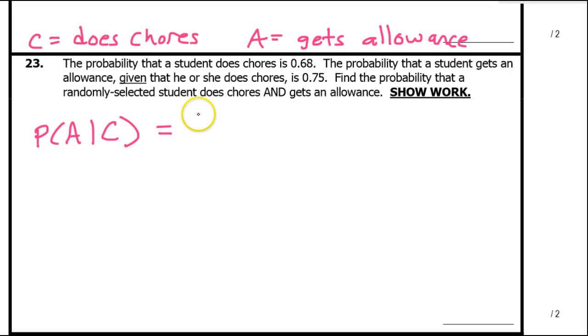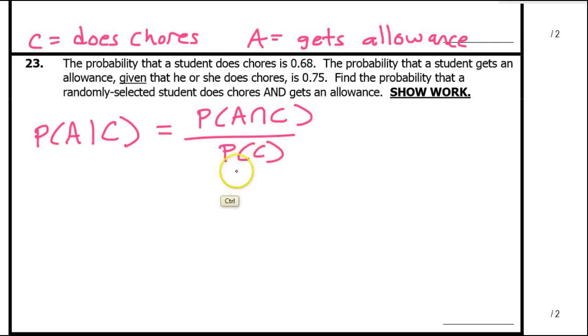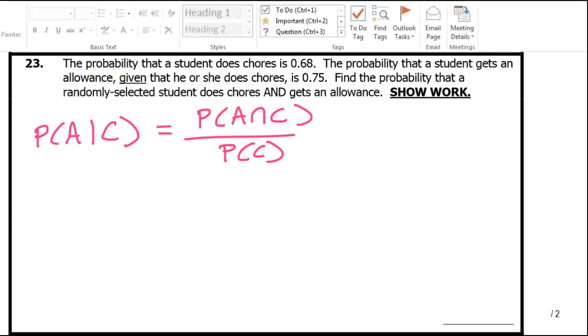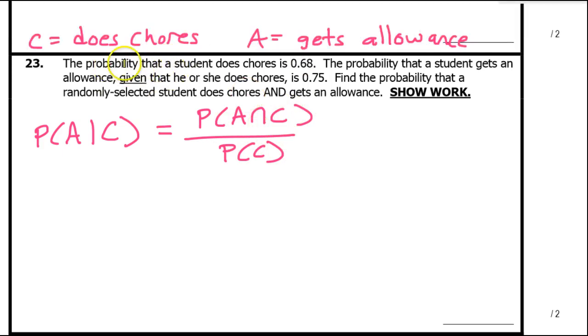So this is going to be the probability of A and C divided by the probability of C. That's just how the formula was. Now let's fill in what we know. I see the probability that a student does chores is 0.68.